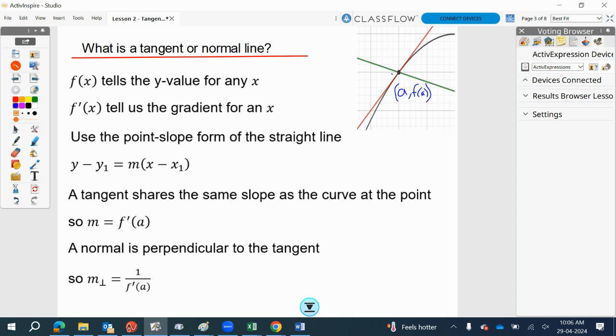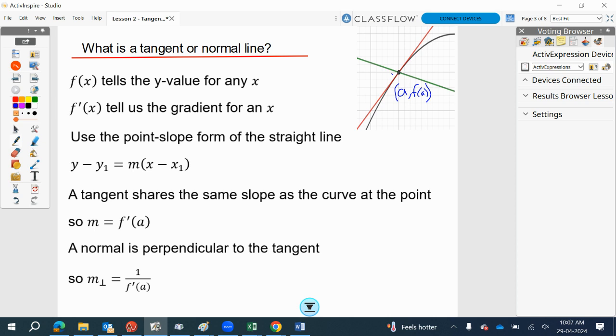That is crucial. So at x equal to a, the curve has the gradient f prime of a, the tangent has the gradient f prime of a, and the derivative is what's giving us all of this information.